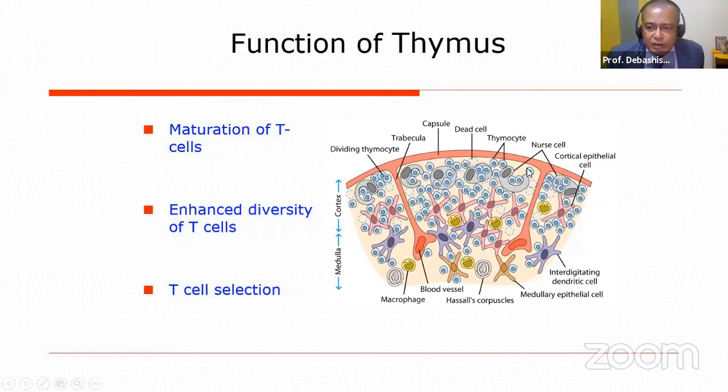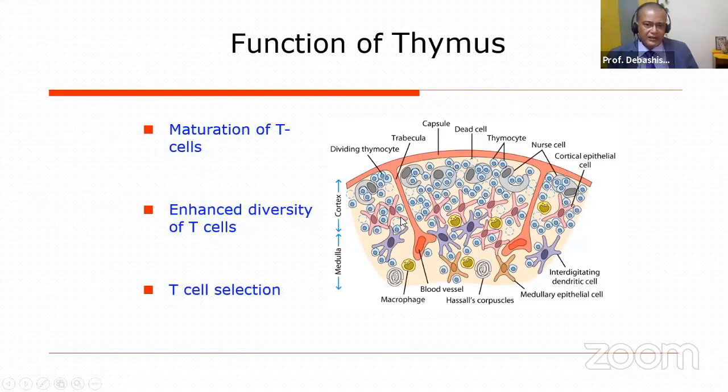You also have some nurse cells which nourish the thymocytes, and we have cortical epithelial cells and interdigitating dendritic cells also, and macrophages are also there, both in the cortex and medulla.